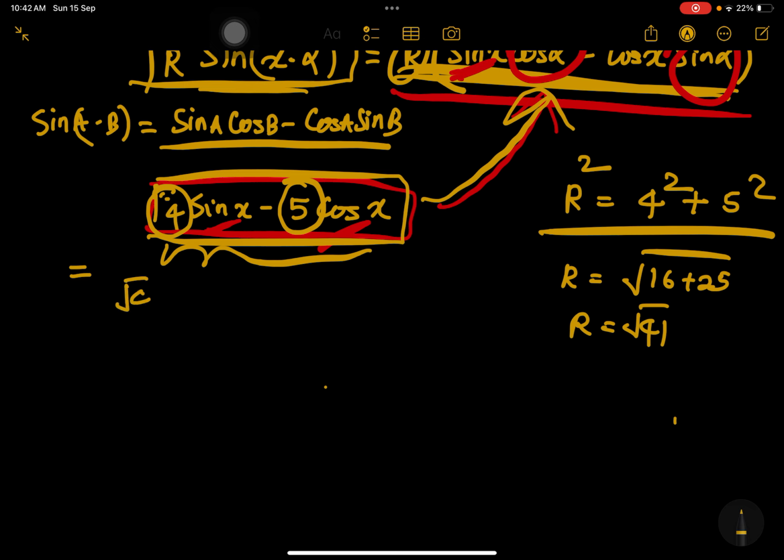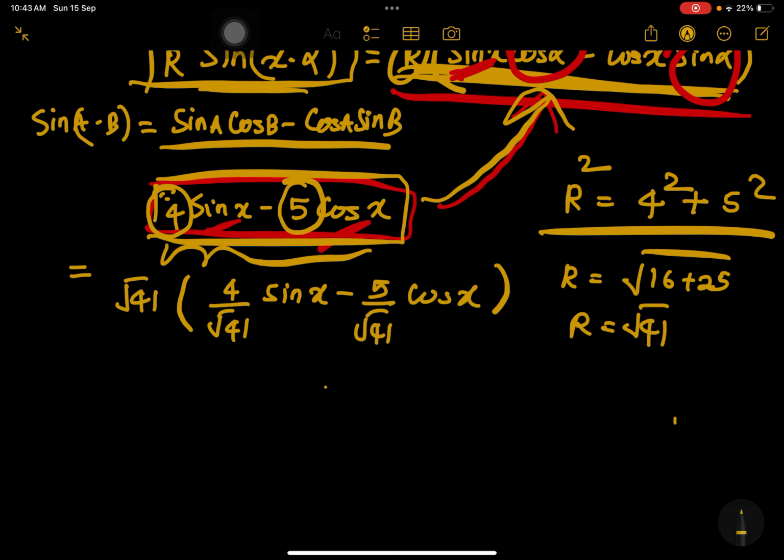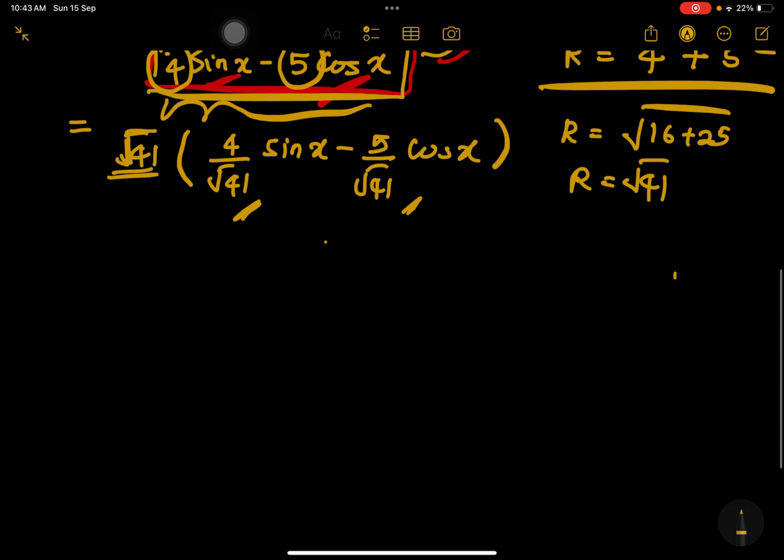So root of 41 will be at the front: root of 41 times 4 over root of 41 sin x minus 5 over root of 41 cos x.